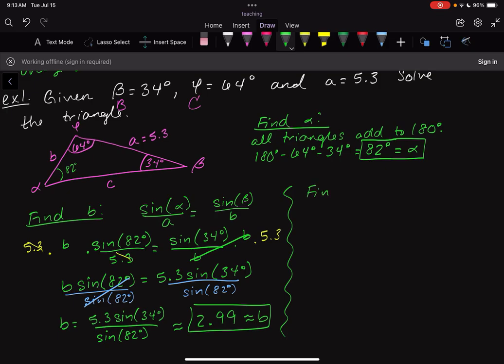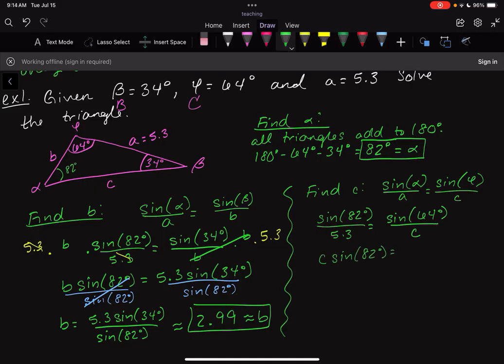So then for my last step, I need to find C. So I'm actually going to do the same thing that I did before, but now I'm going to use the A stuff, and then I'm going to use C. So instead of B here, I'm using C. That way I can find C. Plug everything in, so I get sine 82 degrees over 5.3 is equal to sine 64 degrees over C. I'll cross multiply here, so that would give me C times sine 82 degrees is equal to 5.3 times sine 64.